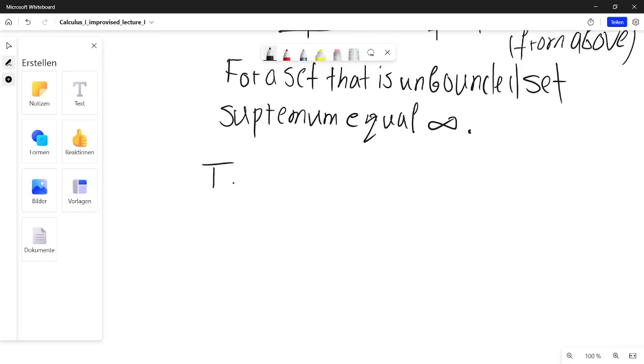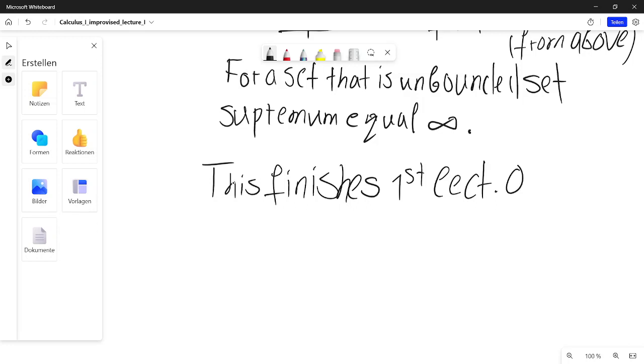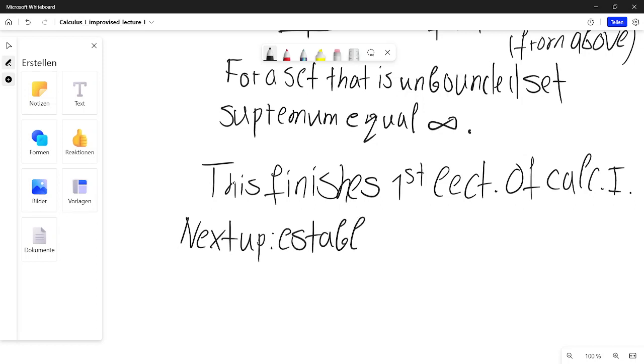This finishes it. So, what will we do in the second lecture of Calculus 1? I'm not sure yet. I think next up, establish number sets.